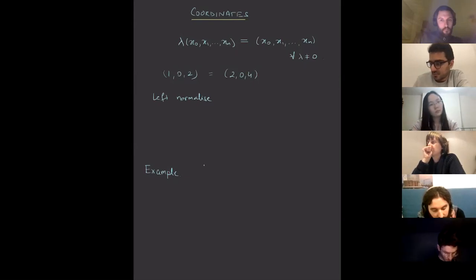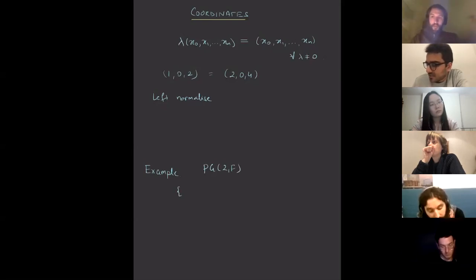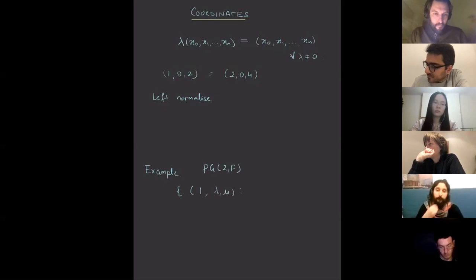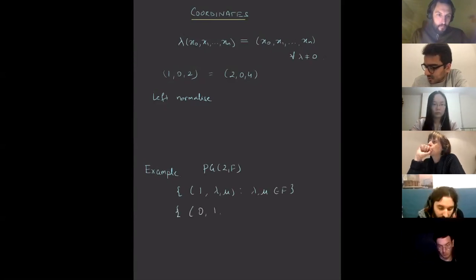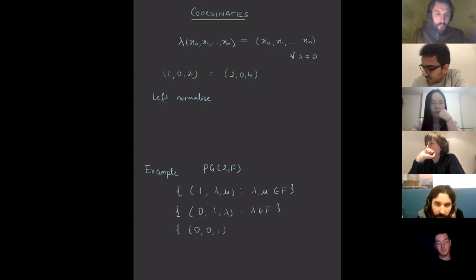For example, just so that we get comfortable with this, if you have PG(2, F), the two-dimensional projective plane over the field F, then its point set can be written as (1, lambda, mu) with lambda, mu in your field, union (0, 1, lambda), and finally (0, 0, 1).